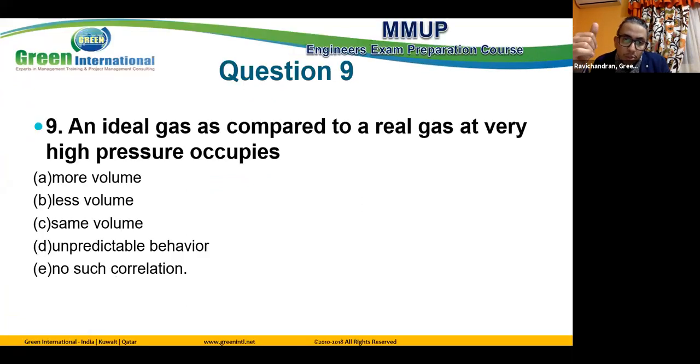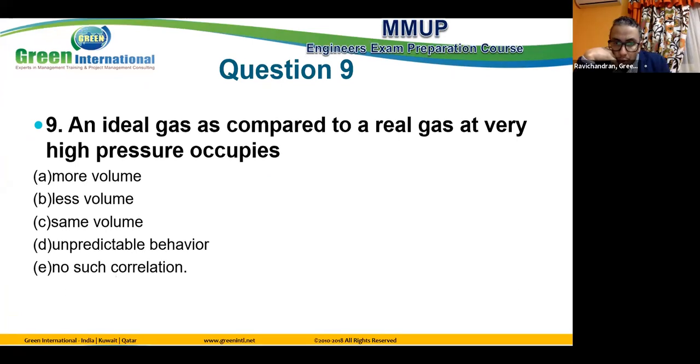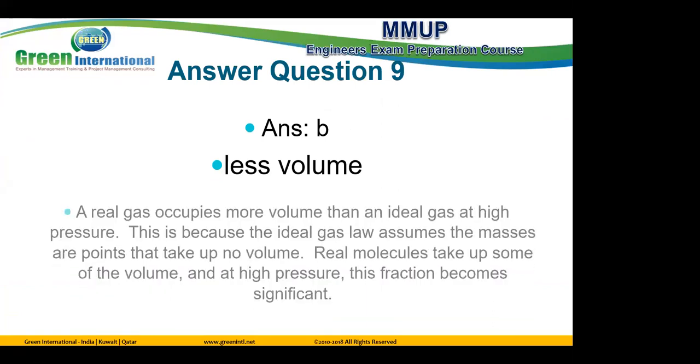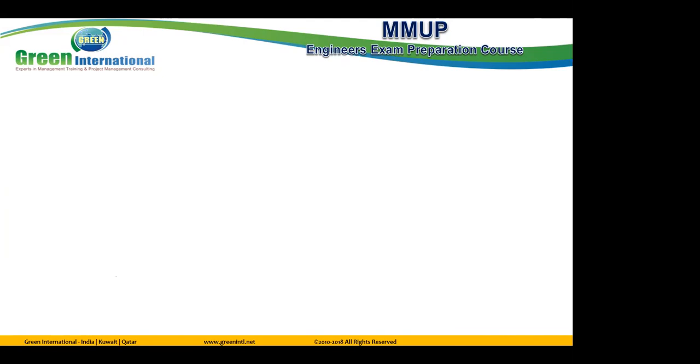The real gas takes more volume because it is going to expand due to expansion, the flow work and something like this. The question is about ideal gas, so less volume. It is mainly related to ideal gas, compared to real gas, not the opposite.